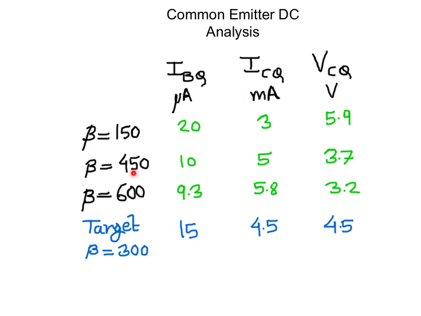So this table of data proves that the common emitter amplifier with shunt voltage feedback, or negative feedback, has a much more stable DC operating point.